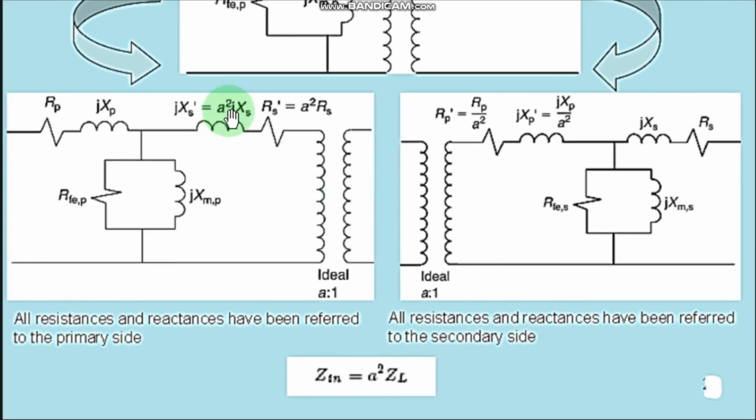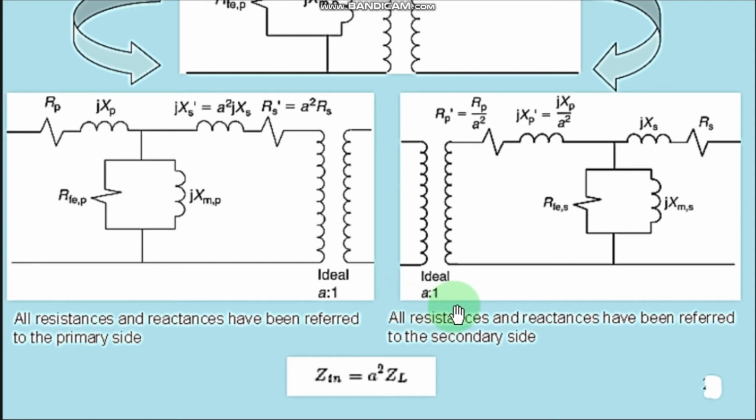See, this is A squared jXS, the new impedance on the primary side, and this is the winding resistance, A squared into RS, the secondary one. So it comes as RS dash here. This is coming as XS dash. So this is what we call referring all resistances and reactances to the primary side.